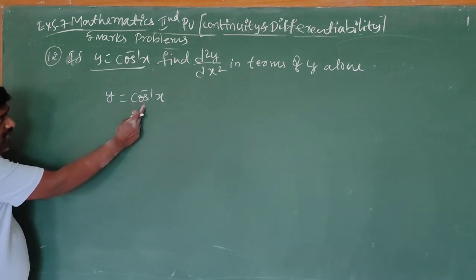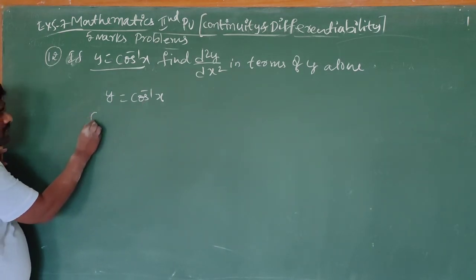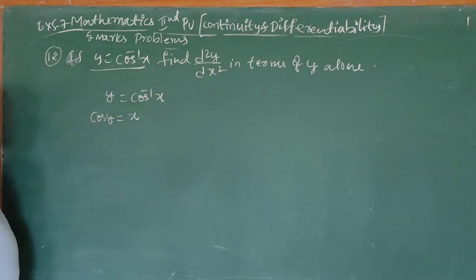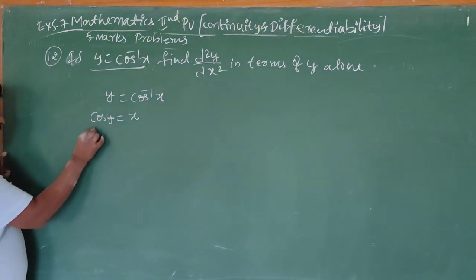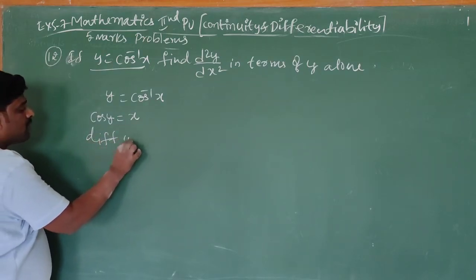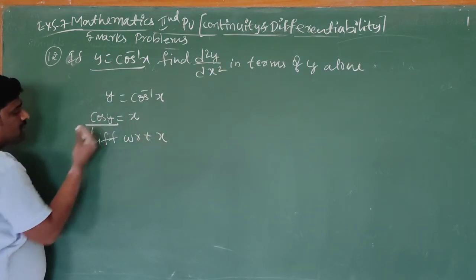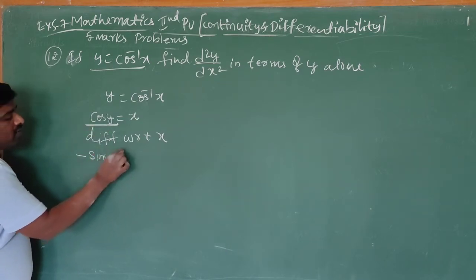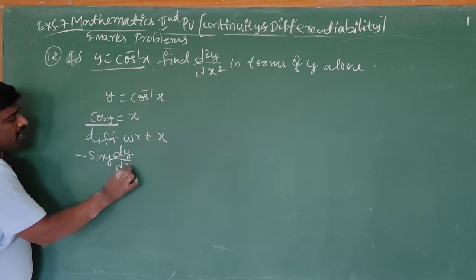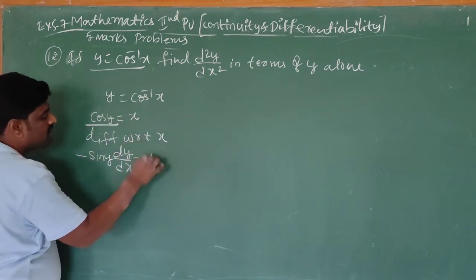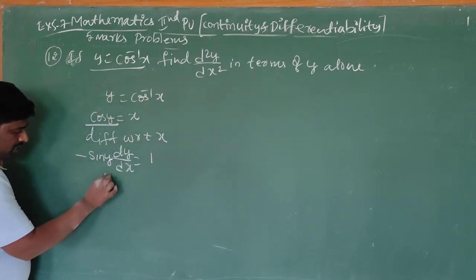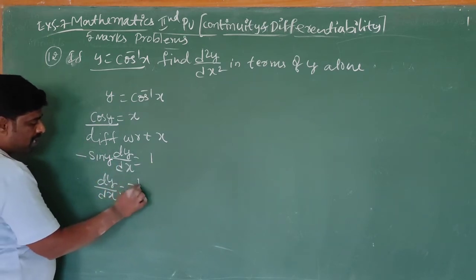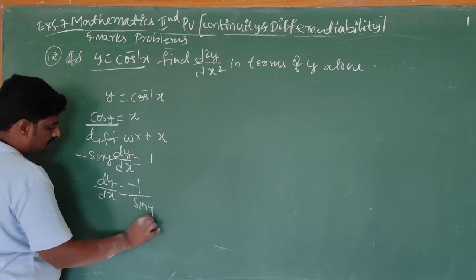So this cos inverse will shift to the LHS, which means it becomes cos y is equal to x. Now differentiate with respect to x. cos y differentiation is minus sin y. y differentiation is dy by dx. x differentiation is 1. dy by dx is equal to minus 1 divided by sin y.